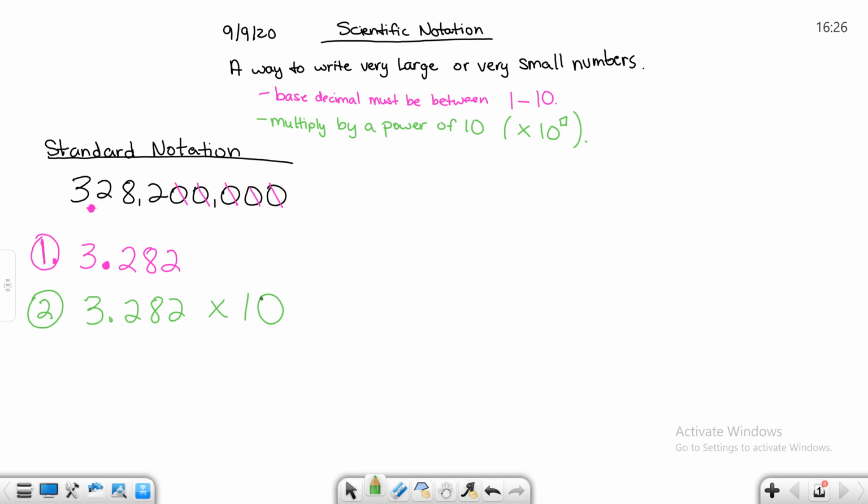We're going to count from our decimal, and we're going to count 1, 2, 3, 4, 5, 6, 7, and 8.